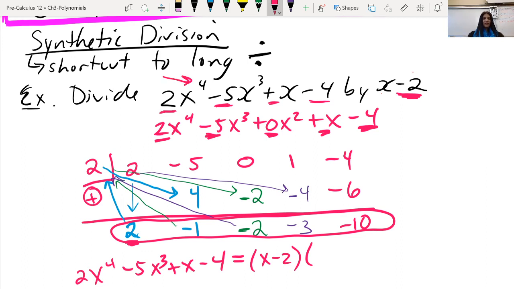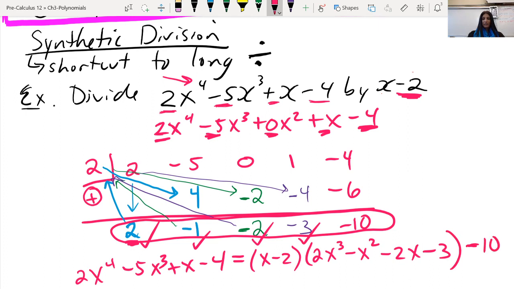So if I started with 2x to the 4, I know this must mean that I have 2x cubed minus x squared, minus 2x, minus 3, and then I must have a remainder of minus 10, which I'm going to write right here. That must be my remainder, which is what ends up over here.